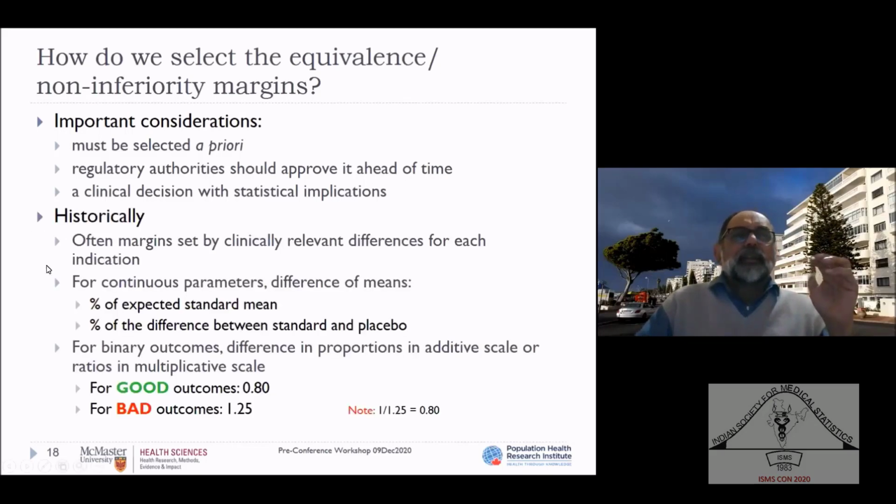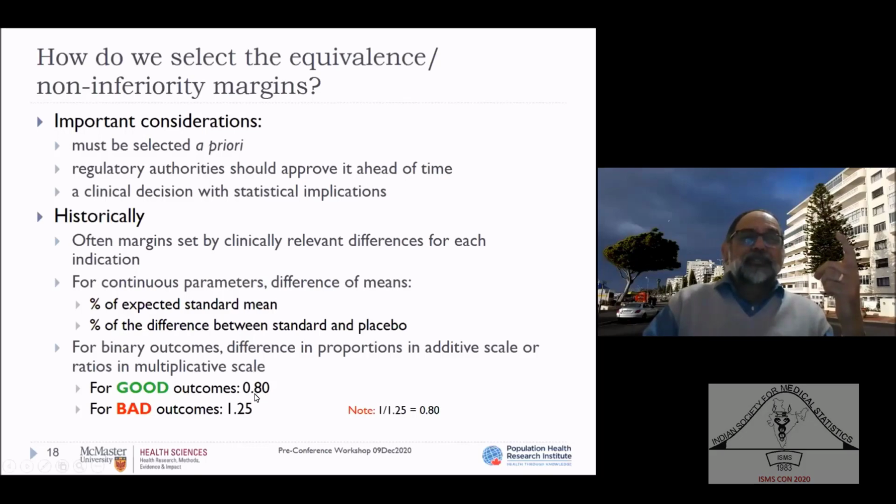Okay. Now, historically, the margins were set by clinically relevant difference for each indication. For continuous parameters, it was some percent of the expected standard mean, or some percent of the difference between standard and placebo. And for binary outcomes, it was the difference in proportions on an additive scale or ratios on a multiplicative scale.